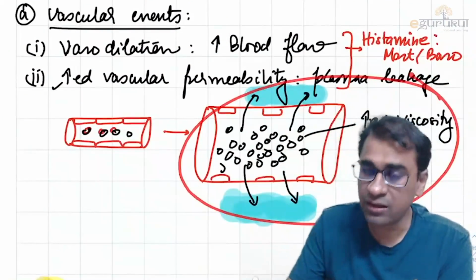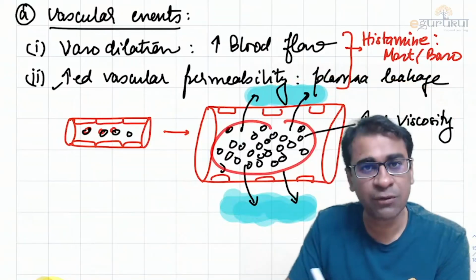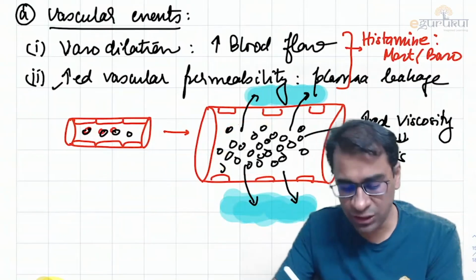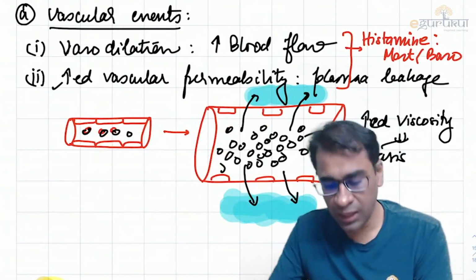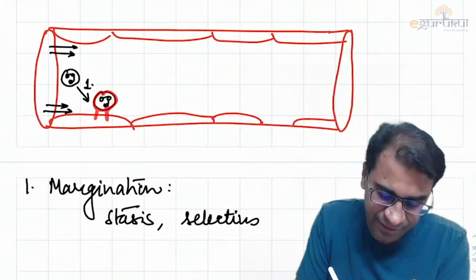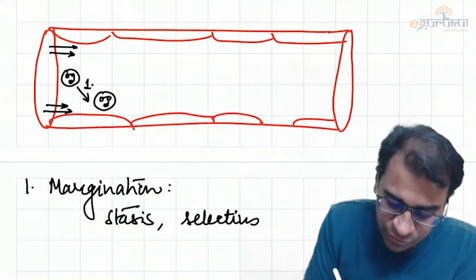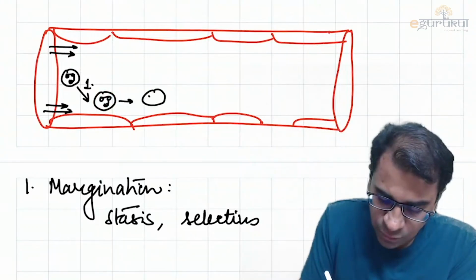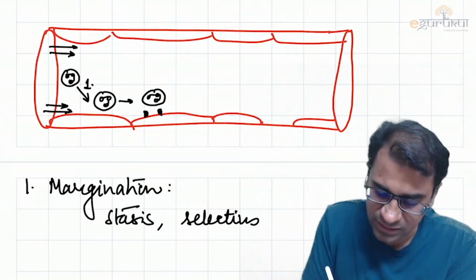Because of increased permeability. So because of stasis, the velocity will decrease, and with decreased velocity all the cells will come to the side. It is called margination. Now, once the cells start moving to the side, they are attracted towards selectins, which are already on the endothelium. But the endothelium has selectins, which majorly take part in the next step called rolling.